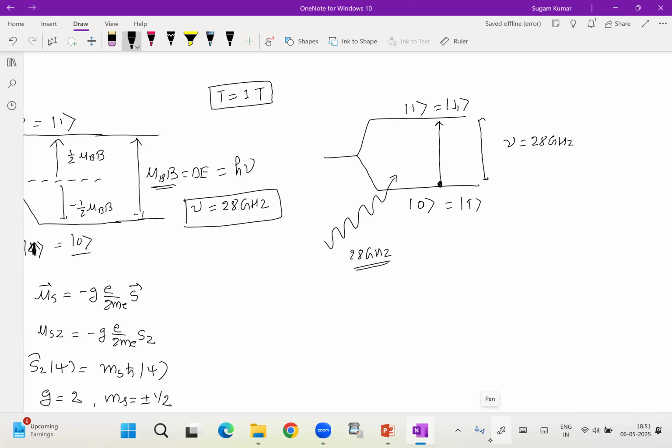So you can see that if I shine a photon on a 0 state, you will get the 1 state.